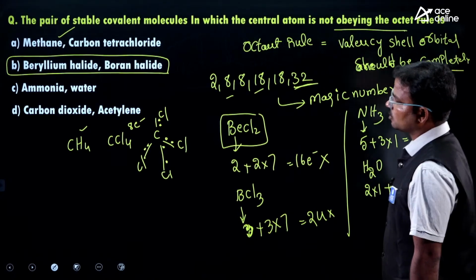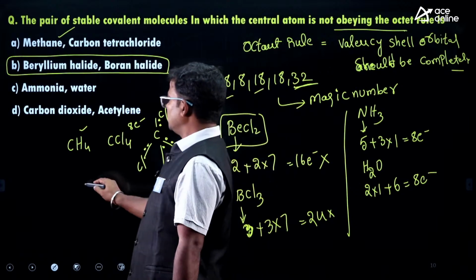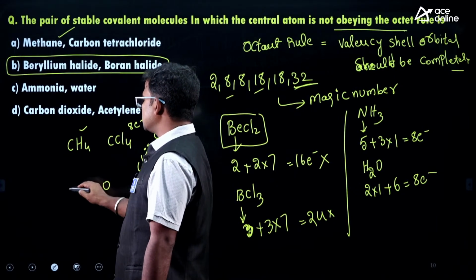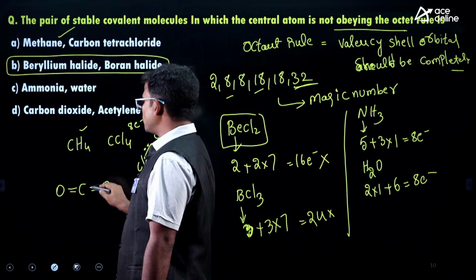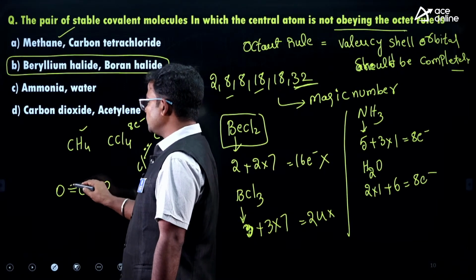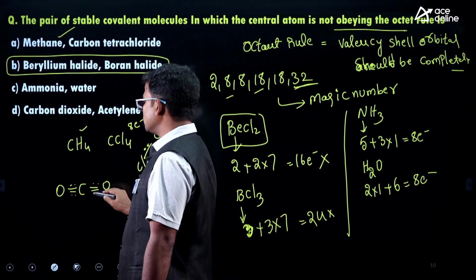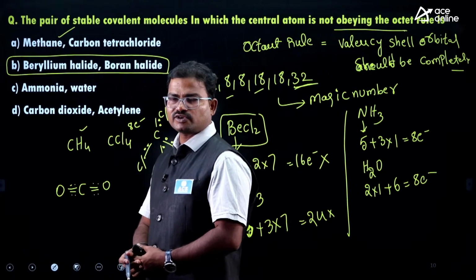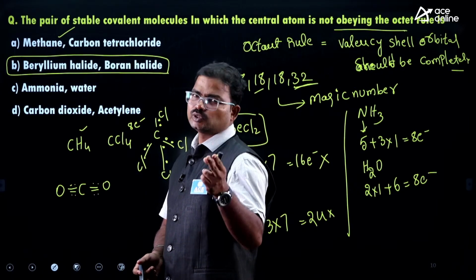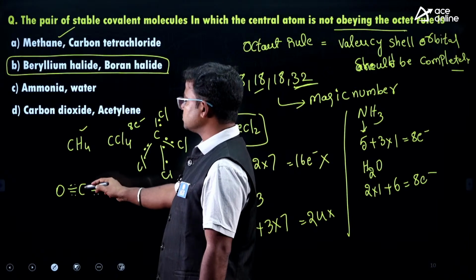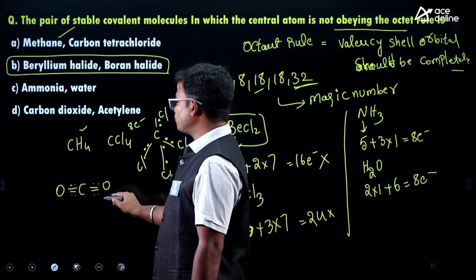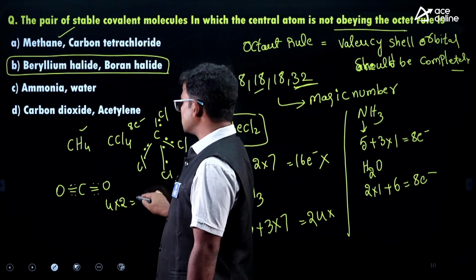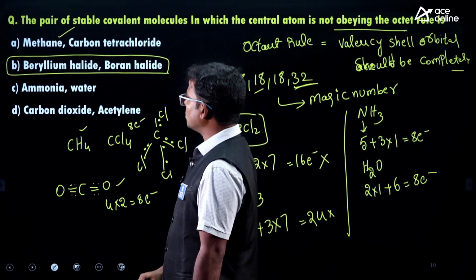Next one, carbon dioxide. If you consider carbon dioxide, guys, here it has 4 bonds. Carbon exhibits 4 bonds, meaning here 2, here 2, here 2, here 2. Totally how many electrons? If you consider a bond, it has 2 electrons, right? Totally how many bonds? 4 bonds. 4 into 2 is equal to 8 electrons. It means it obeys the octet rule.